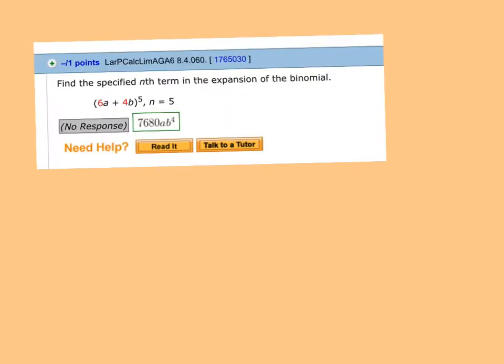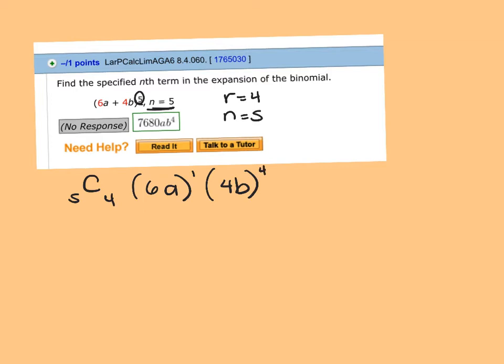Which number was this, Emily? 8. Okay, so it says this is the 5th term, which means R is 4. N is 5 because of the 5th power, right? So this would be C, 5, 4, and then 6A to the 5 minus 4, which is 1, and 4B to the 4th.